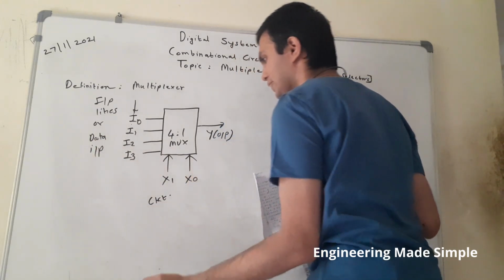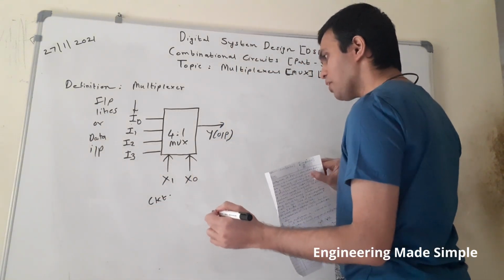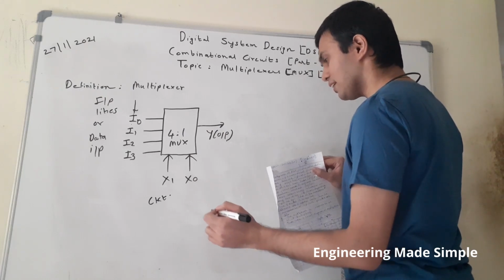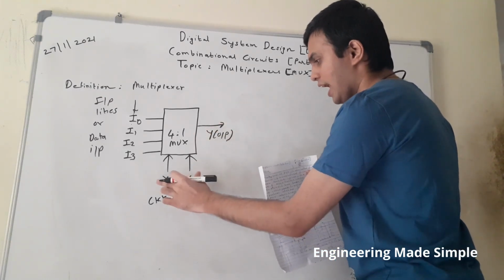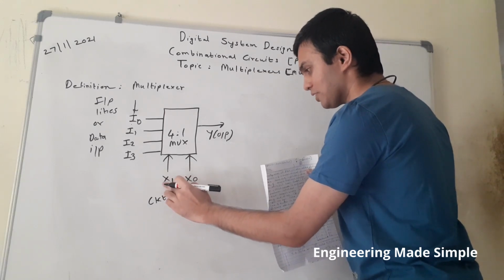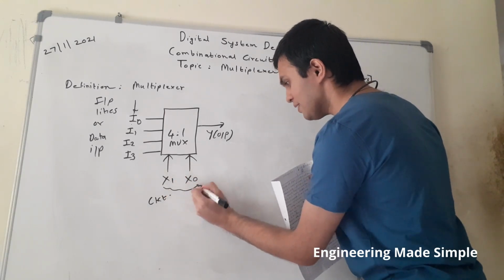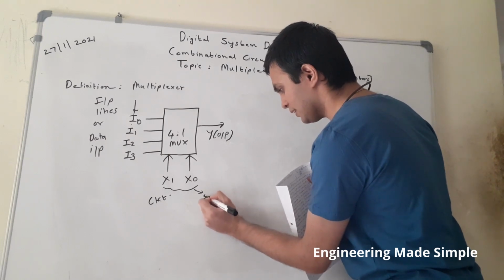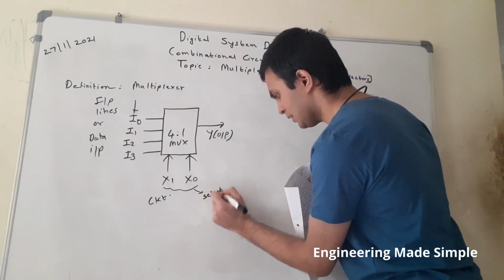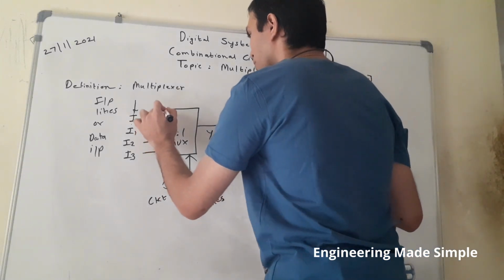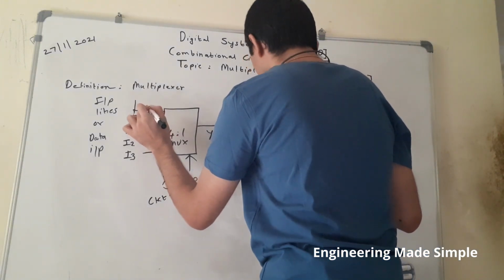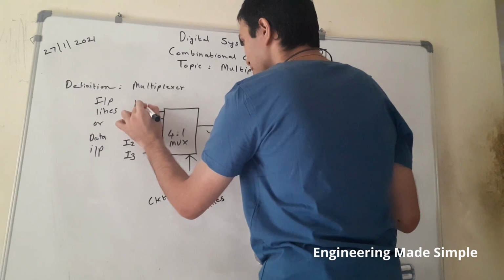Input lines or data input of the multiplexer circuit. And what else does it consist of? It consists of one output line, and these lines, that is X1, X0, are known as select lines. And there is one more input present over here, which is known as enable.